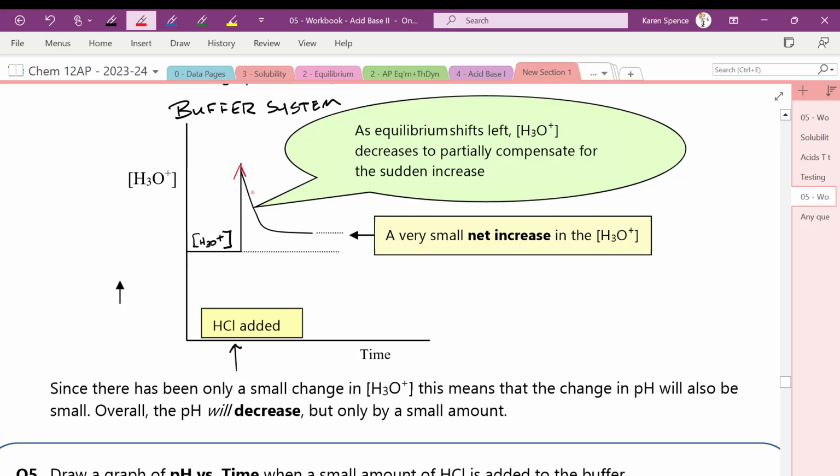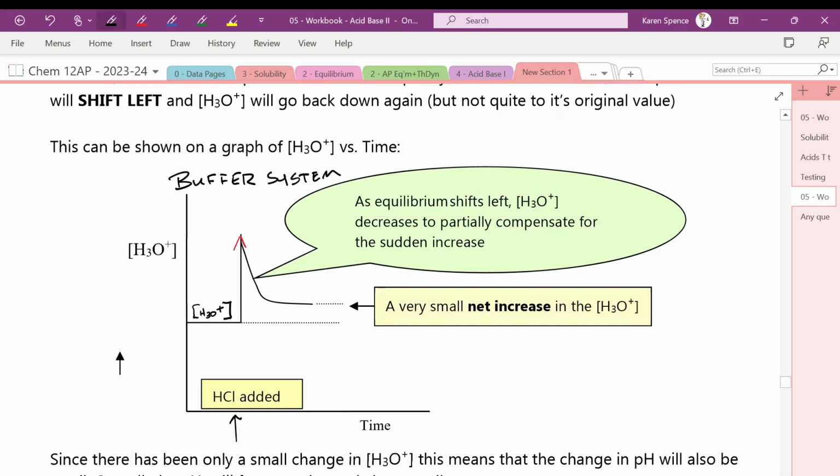And then the system shifts to the left. Here's our system. Actually, I'm going to even leave out the water this time and just have H plus and CH3COO minus.